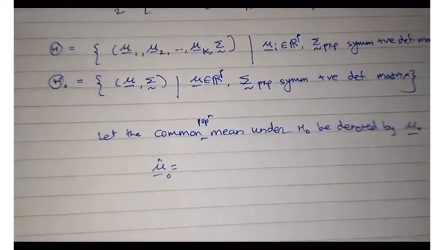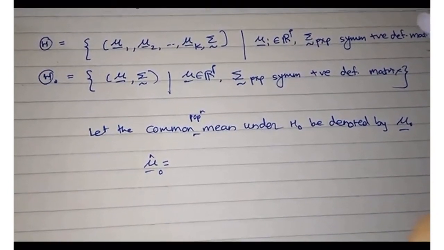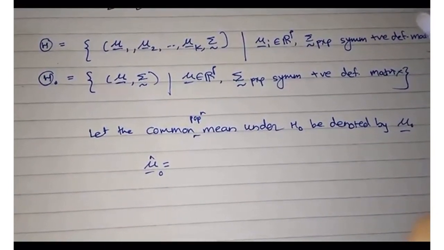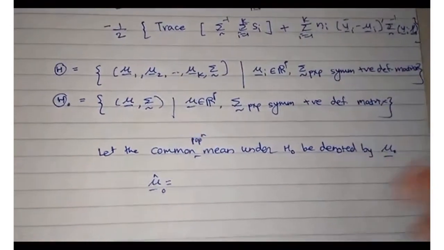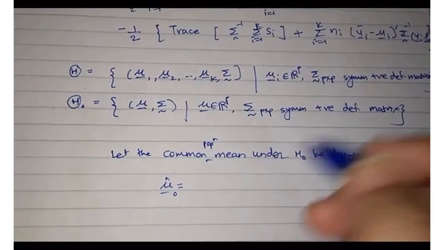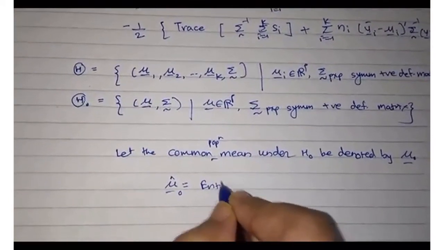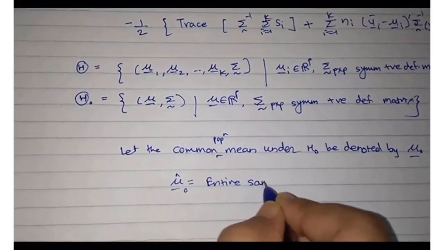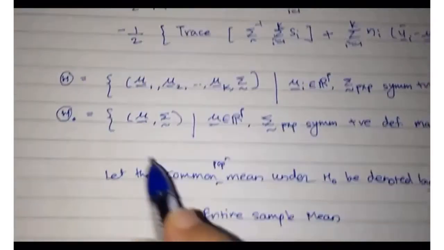Under H0, since all of them are the same, you can see that the MLE turns out to be simply the sample mean over the entire sample. Why? It's very obvious. Let me explain again in case you have missed it.